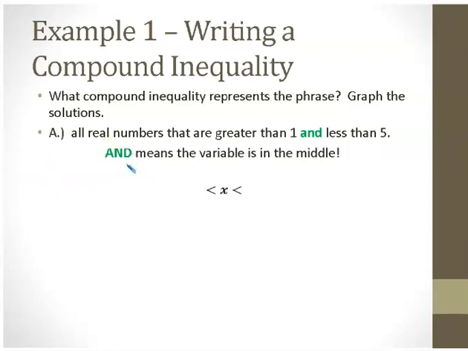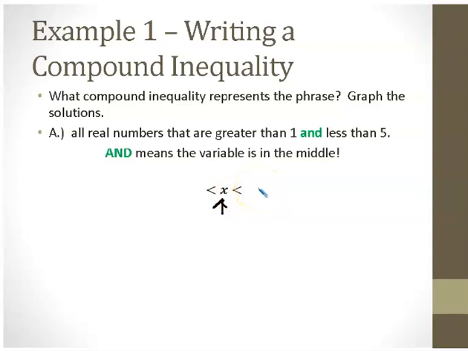That's important. That means we're going to put the variable in the middle, right there in the center, and we'll have our inequalities on both sides. Now in this case, they're both less than, okay?